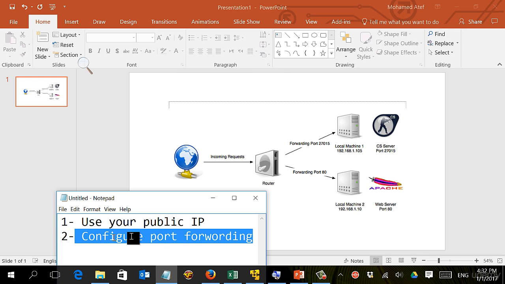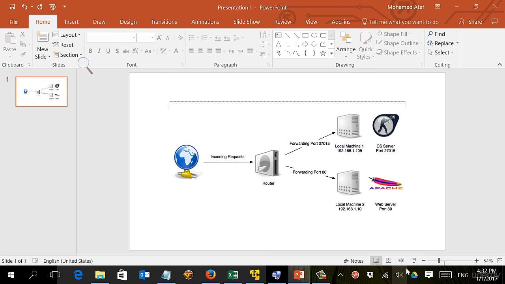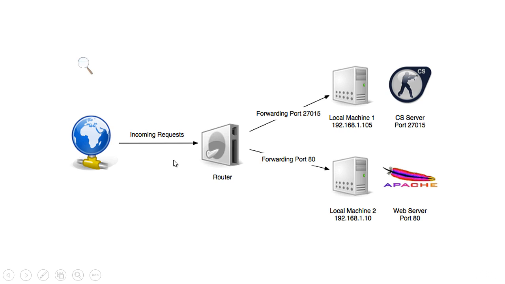What is port forwarding? Now let's take this small diagram. Assume that the victim is on the internet, and the one on the right is your network. You have many devices inside your network. You have a machine with 192.168.1.106, 107.